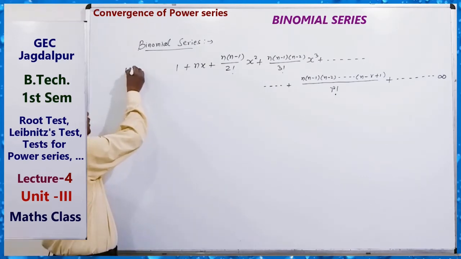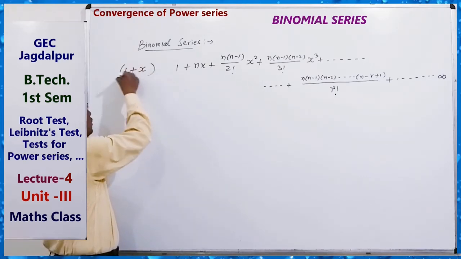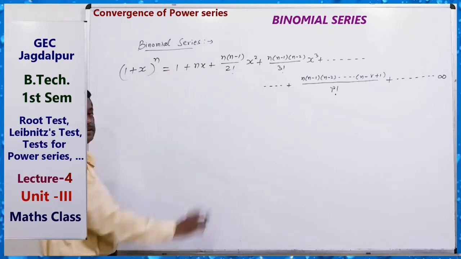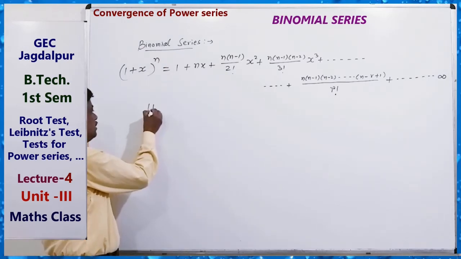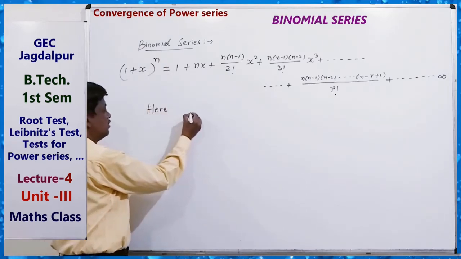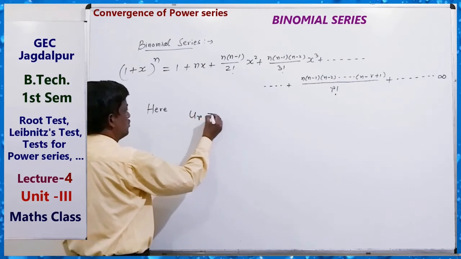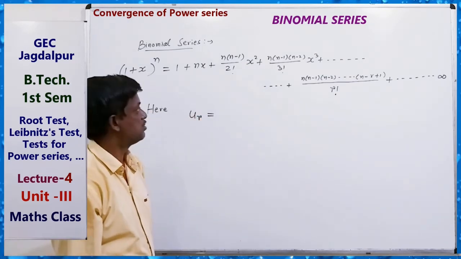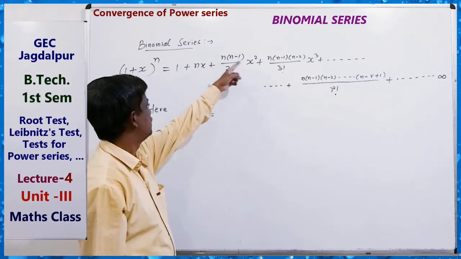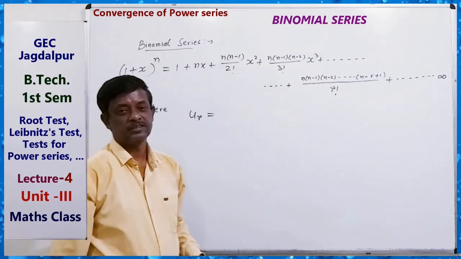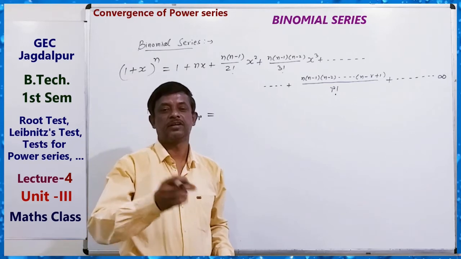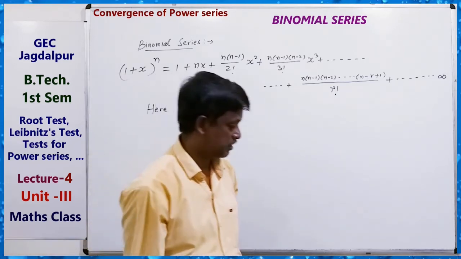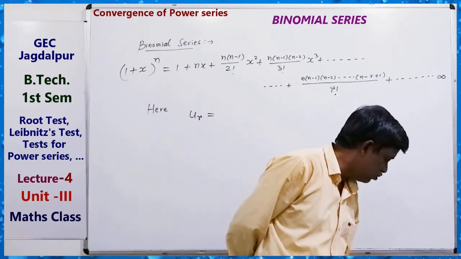Clear? 1 plus x to the power n. Here u r is the rth term. We are taking the rth term because it involves n, so for counting we are using small r.